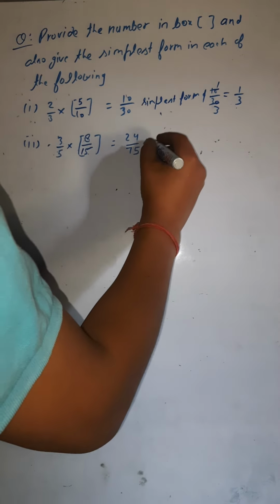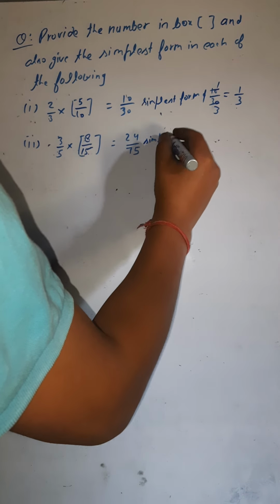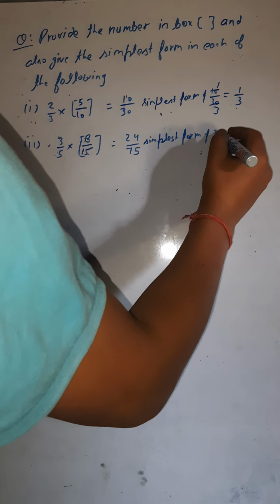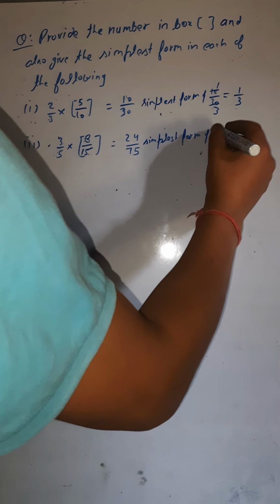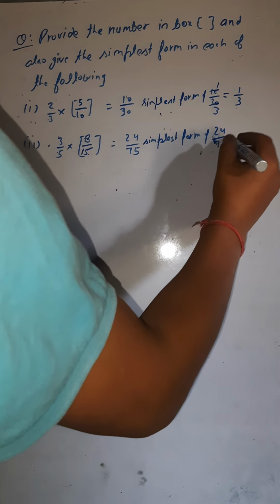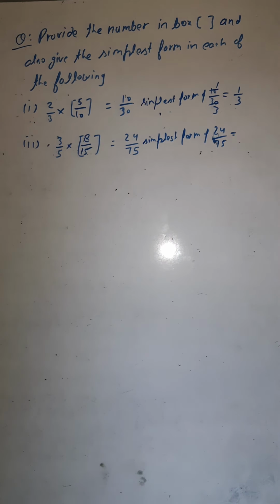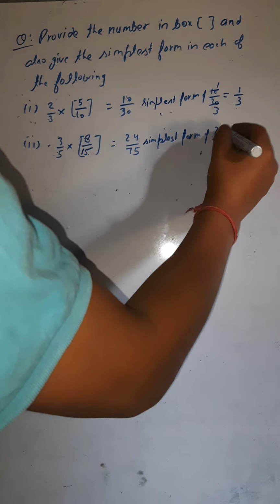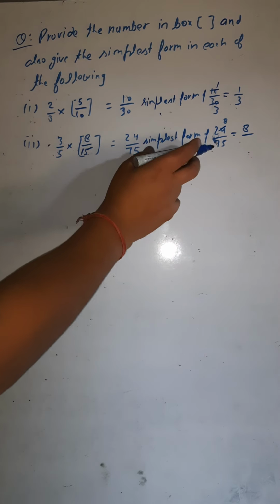So right here, the simplest form of 24 by 75. If you can see, both of the numbers are divisible by 3. How? 3 times 8 is 24, so you can divide this by 3.